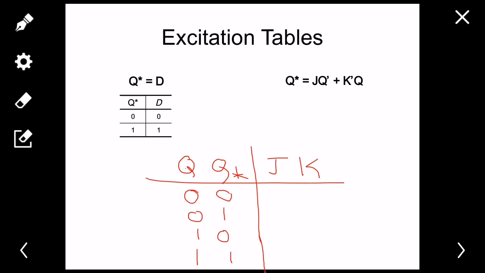So now what will be the values of J and K? You need to figure this one out.